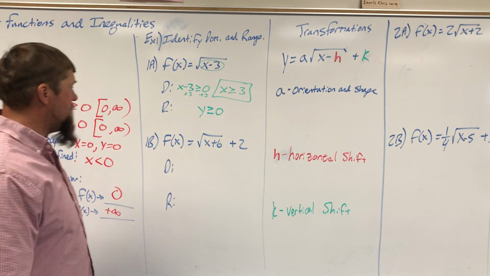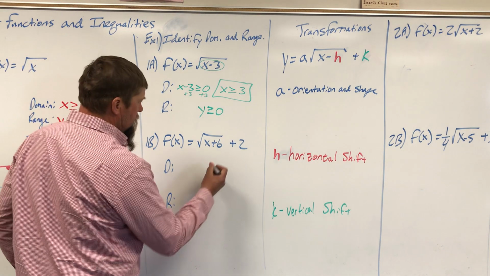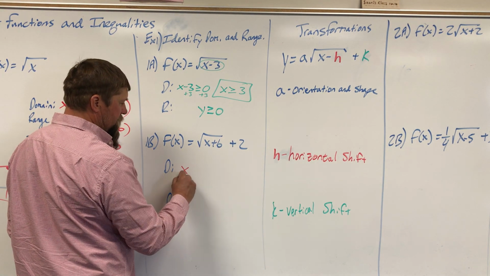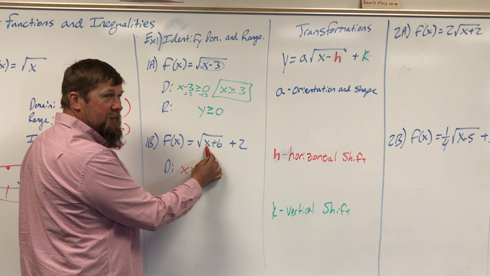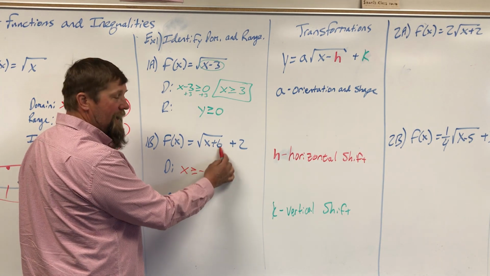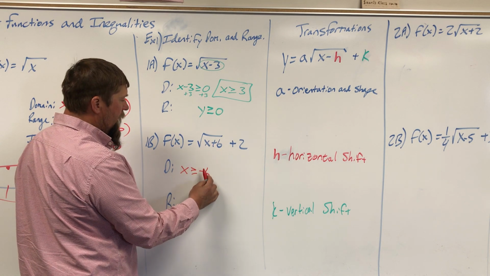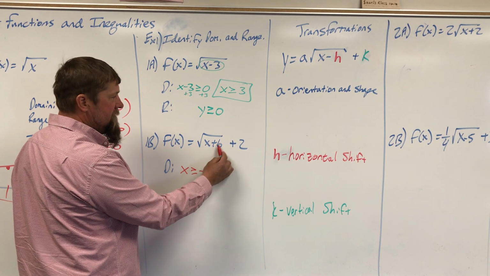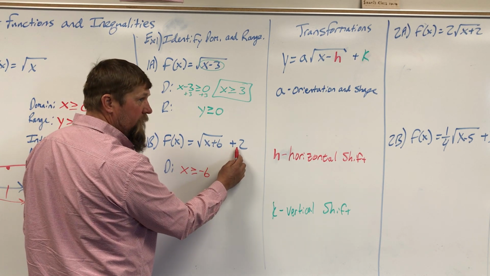So here's example 1b. X has to be greater than or equal to -6 because that's the lowest number x can be. Otherwise, you're going to have a negative underneath the square root. When I put in -6, I get 0 here. However, y will be 2 then.